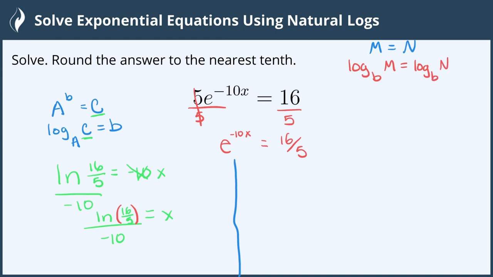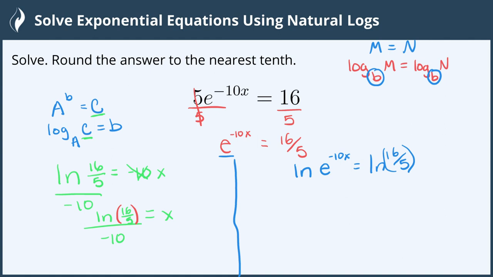And so in this case, because we are working with the e here, the natural number, we will pick the base b to be e, meaning that we'll take the natural log of both sides of this. So we have the natural log of e to the negative 10x equals the natural log of 16 fifths.